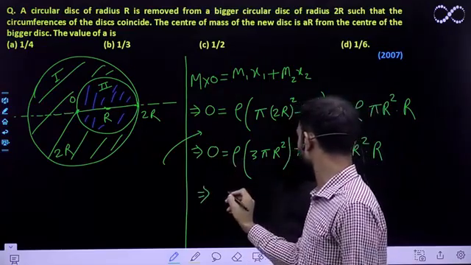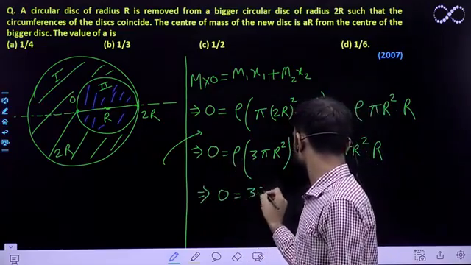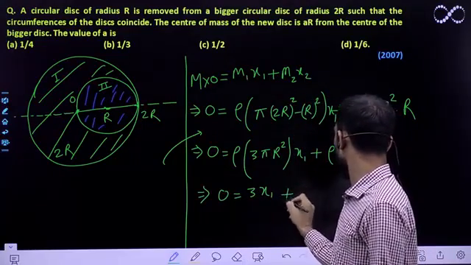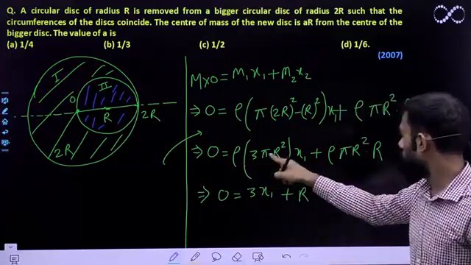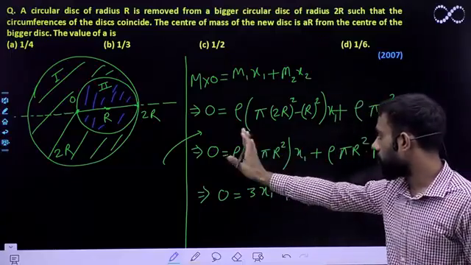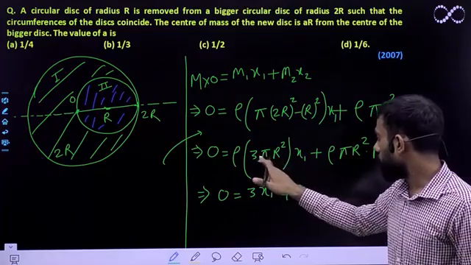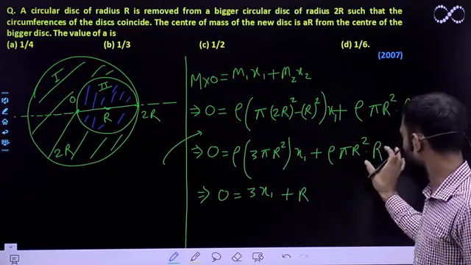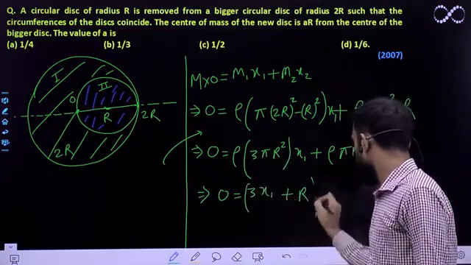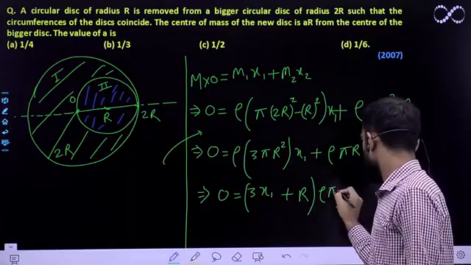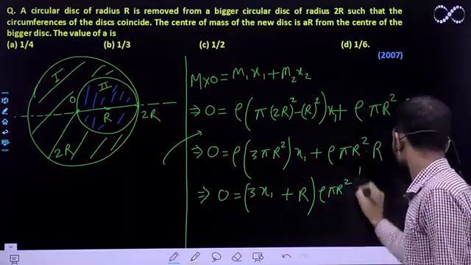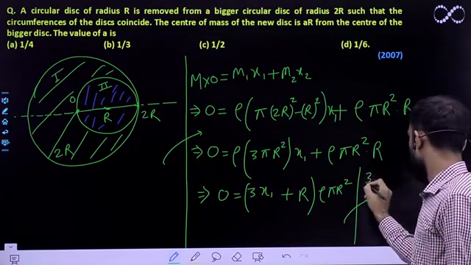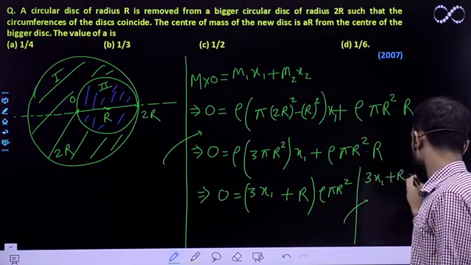So we will get 0 is equal to 3x1 plus r, because rho into pi r square can be taken common. So now this will go to that side, and here I can say 3x1 plus r is equal to 0.